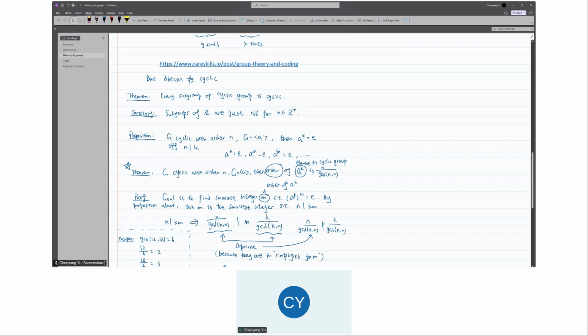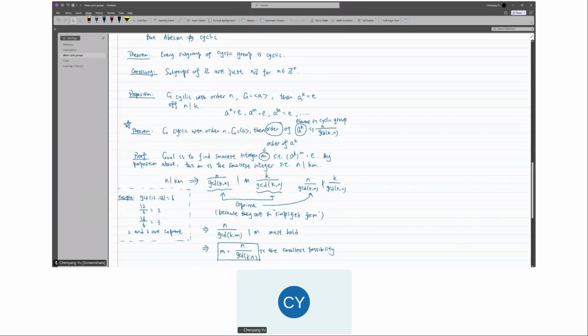So this proposition is just saying you can have infinitely many things that equal E, but they are multiples, some exponent of A to the n. So keep this proposition in mind, we are going to use it soon.